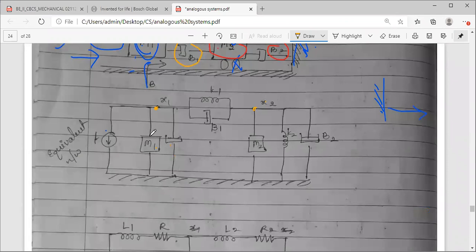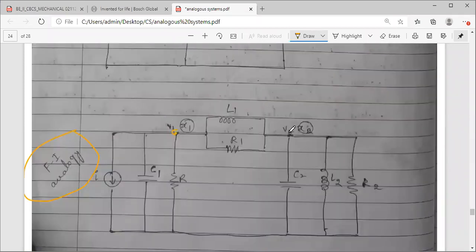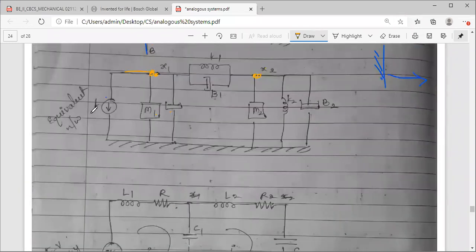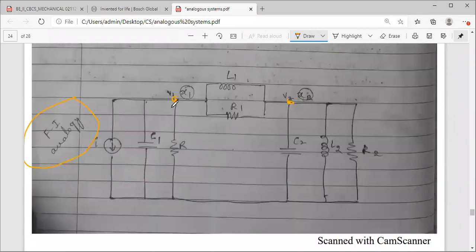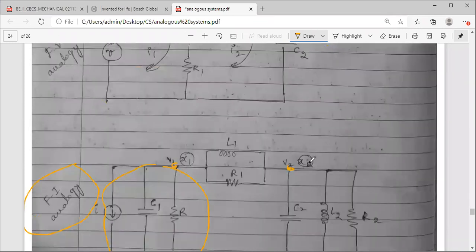coming back to the problem, just look at the structure. You have one node, you have two nodes. For the first node, I have three elements connected in parallel.